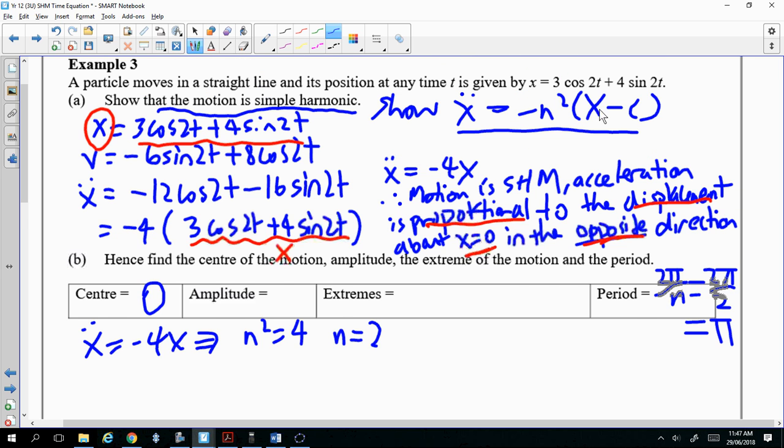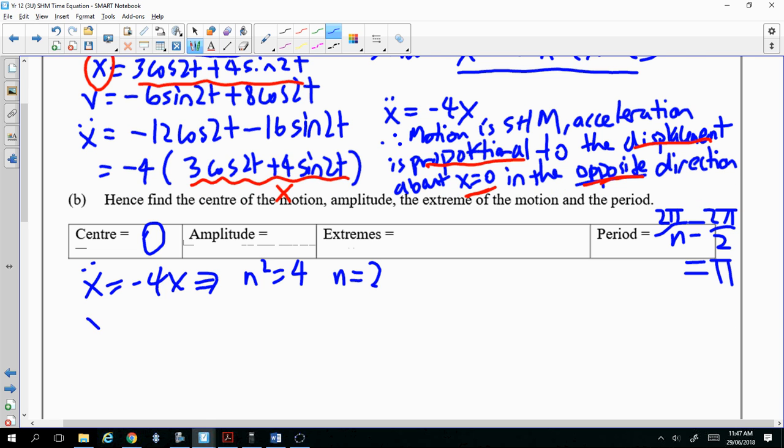So how do I work out the amplitude? The equation is not in the form we have. Let's write it down again: 3 cos 2t plus 4 sine 2t. It is simple harmonic, but we can't see the amplitude. So if you remember the auxiliary angle formula, this can be written in the form of R cos(2t minus alpha), where R is the amplitude. There is a simple formula to do that.